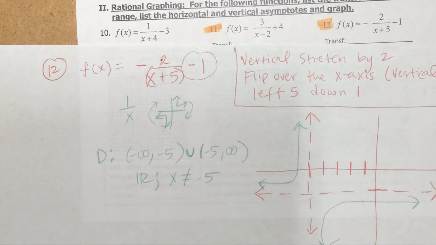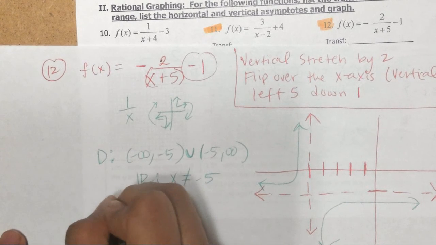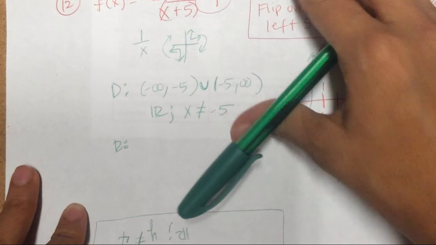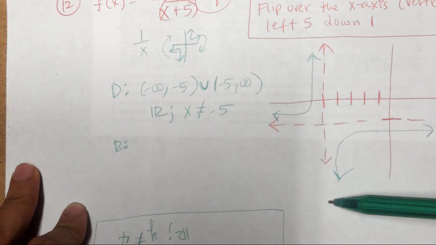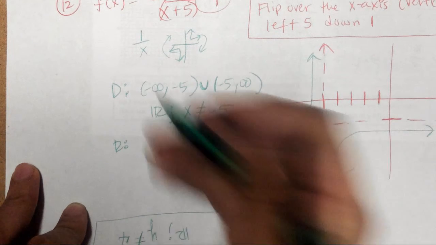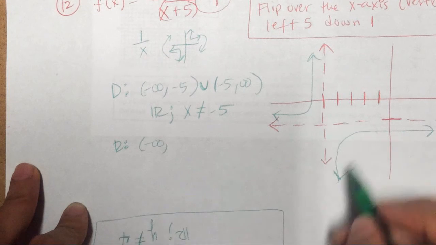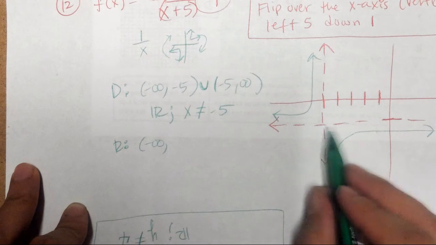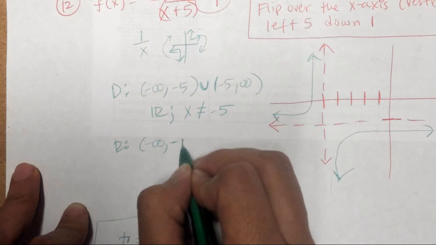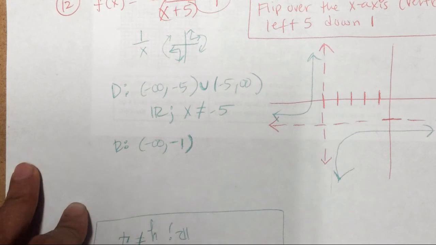Alright, so let's talk about our range. Our range is our y value, so it's bottom to top. So at the bottom, you go to negative infinity, all the way up, and then you stop here at your asymptote. That's at negative 1. It doesn't hit the asymptote, remember, so that's why you put a parenthesis.